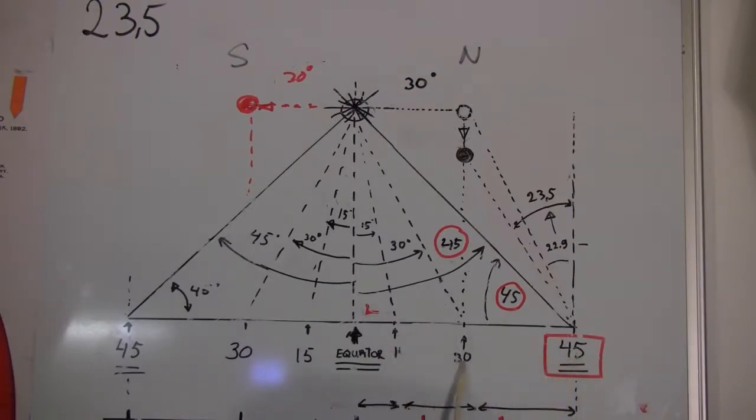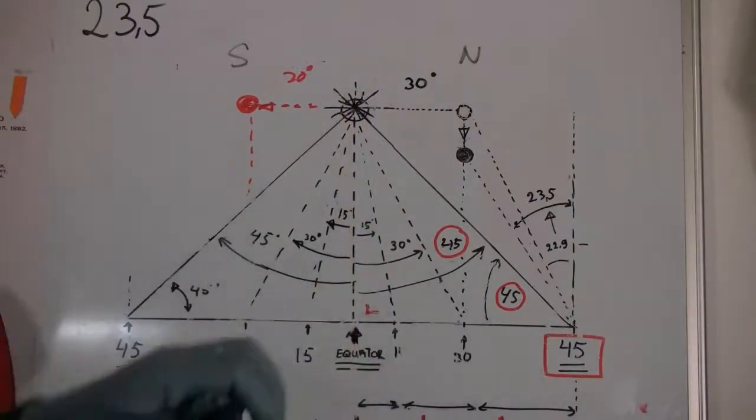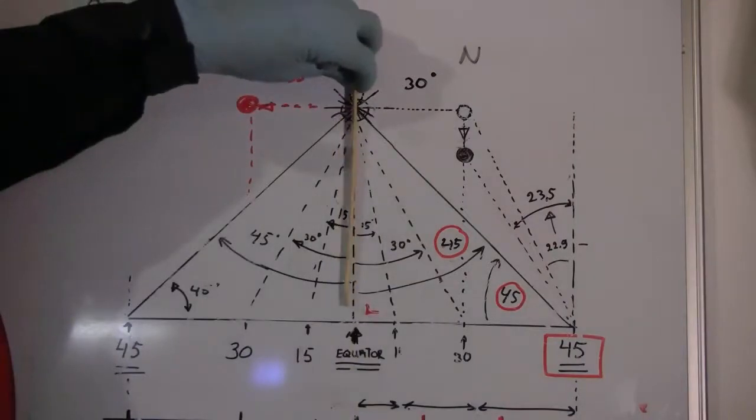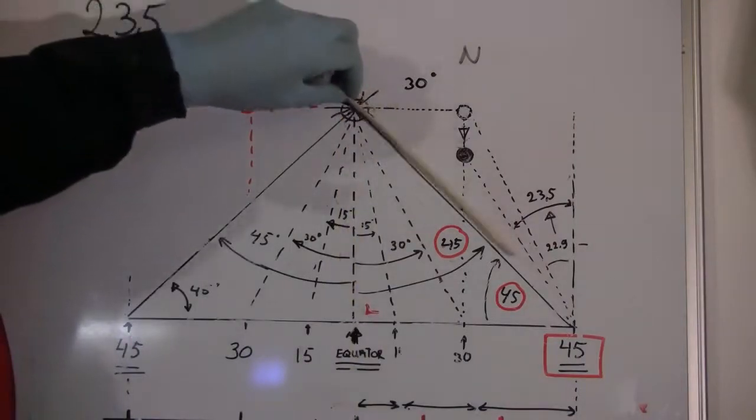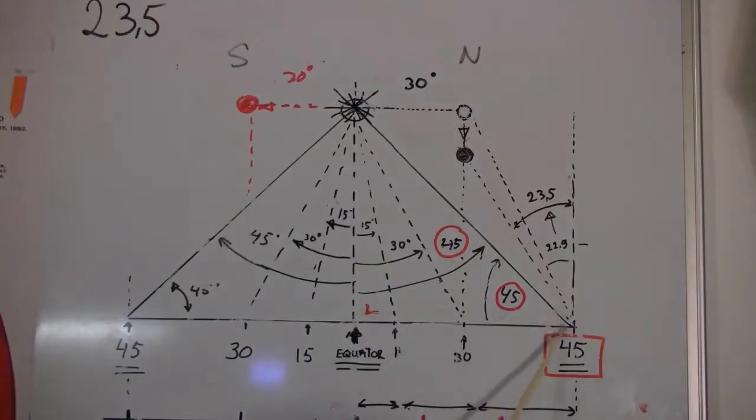But the 15 and the 30 is not the latitude because the distance is not the same between 15 degrees, 30 degrees and 45 degrees. But the 0 is the same, the sun is straight above our head, is 90 degrees. From the sun it's 0 degrees. And when the sun is 45 degrees, if we are on latitude 45, we also measure 45 degrees. So this is very important.